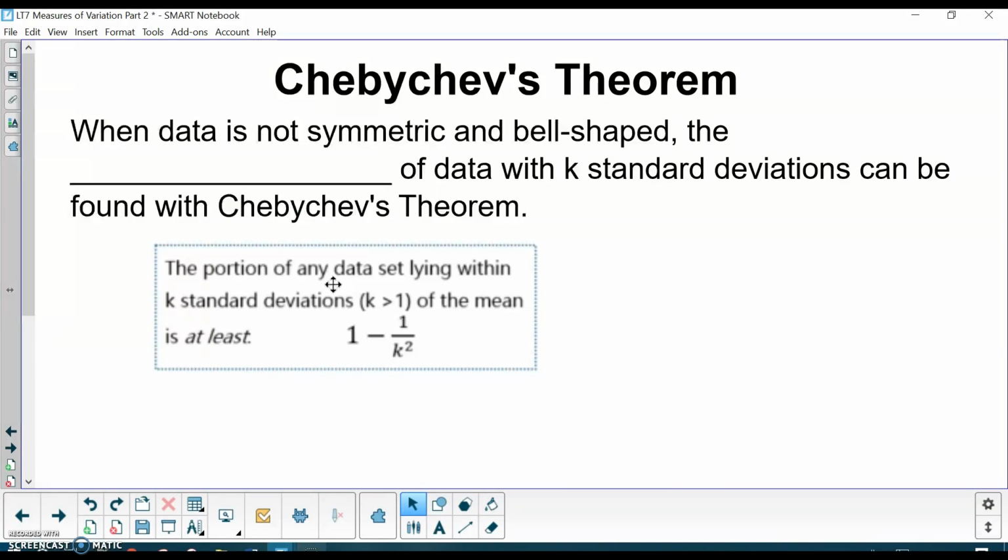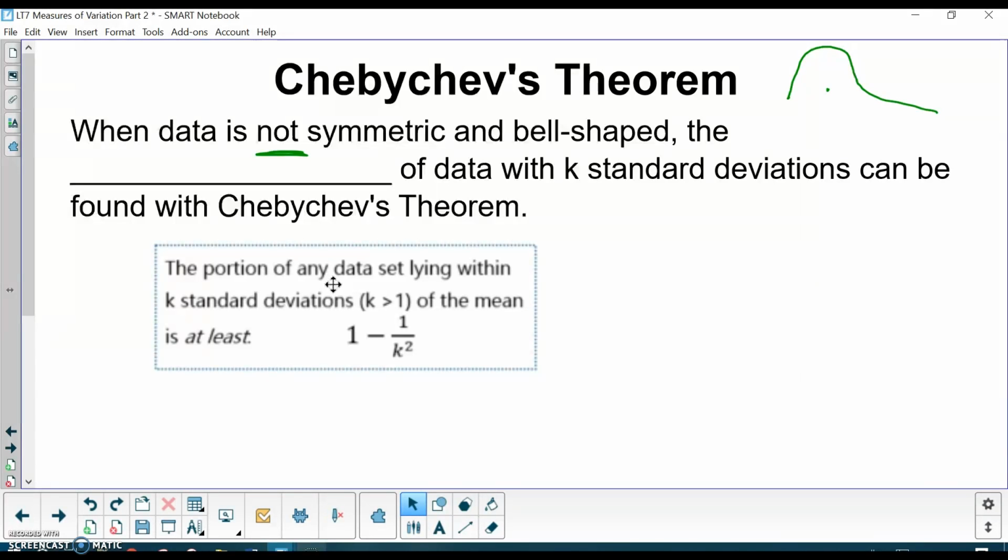Chebyshev's theorem is the last thing we're going to cover in this video for the day that I'm gone. It's not something that we're going to test over necessarily, but we do want you to see it. So this happens when the data is not symmetric, but it is bell-shaped. So maybe it looks like this and it goes on.